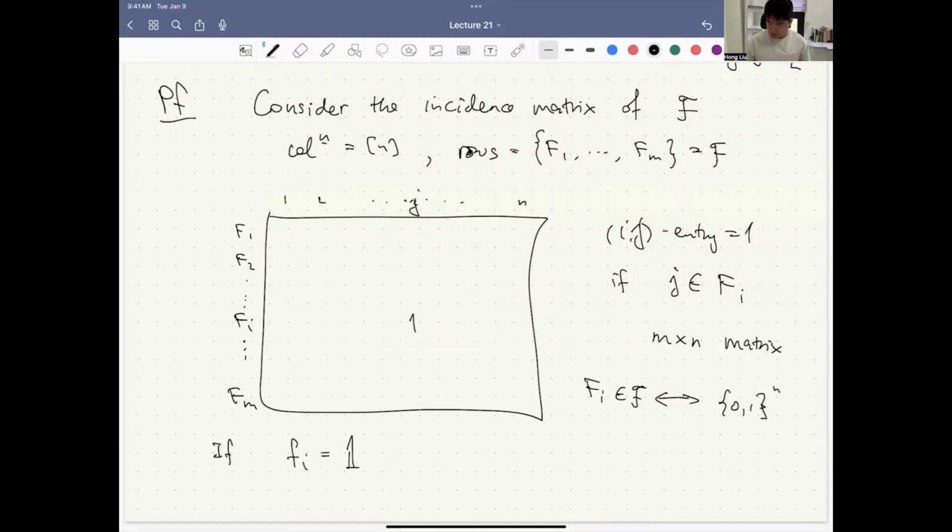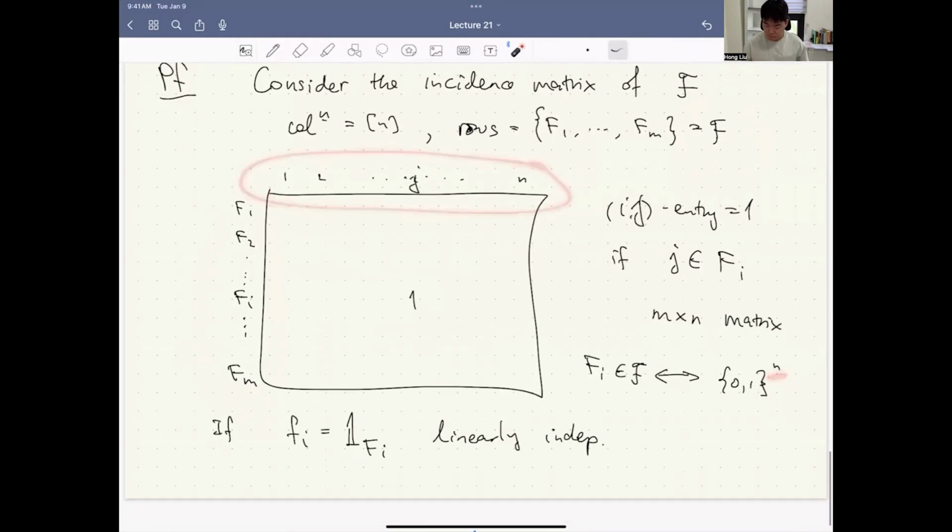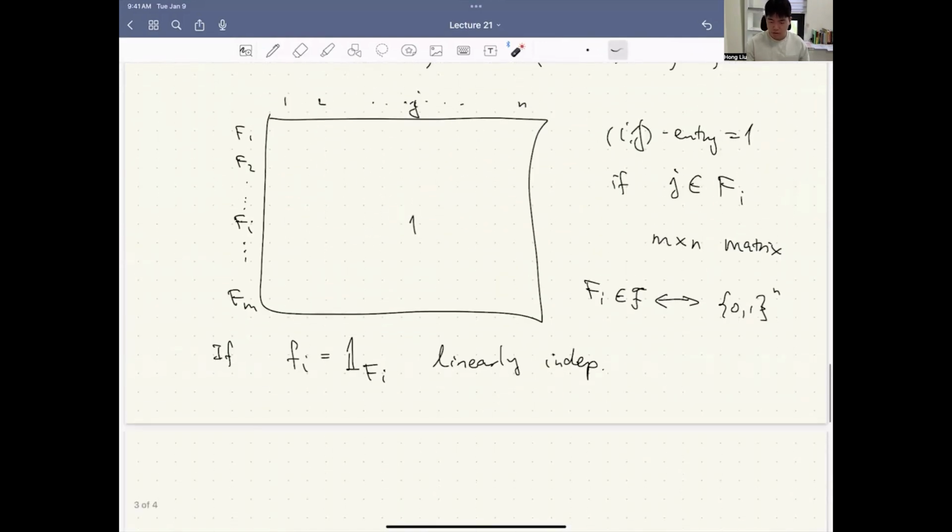The indicator functions of Fi are linearly independent, then we know the number of such sets, which is M, the cardinality of F, is at most the dimension, which is N. Then we are done.